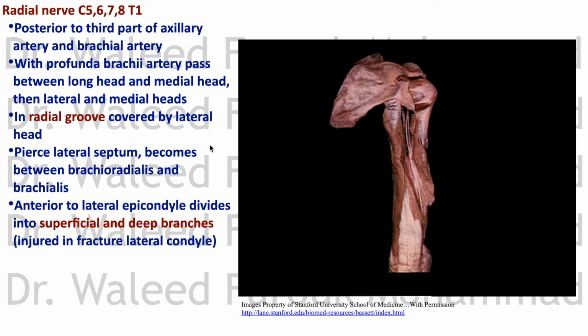Pierces lateral septum, becomes between brachioradialis and brachialis. Anterior to the lateral epicondyle, it divides into superficial and deep branches. And we will discuss the branches of the radial nerve when we study the arm muscles, and furthermore when we study the forearm. Okay.